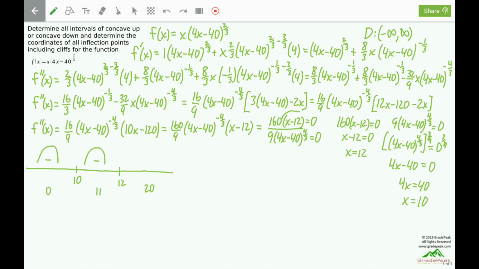And plugging the 20 test value into the portion of the second derivative that matters, 20 minus 12 is positive. We have a positive second derivative. This corresponds to concave up.